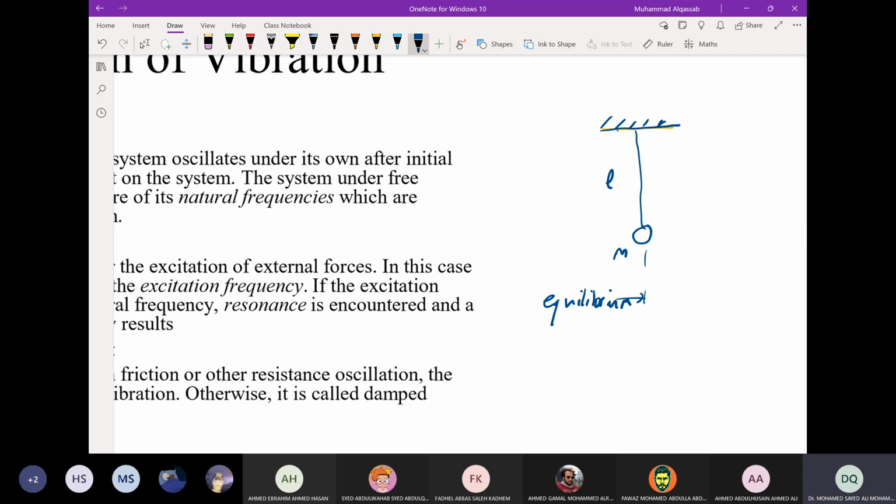But you can give an initial disturbance to start the vibration. You can move it to an initial point with angle, let's say theta 0, and then you release. You move it by your hand, for example, and then release it. It's going to oscillate.